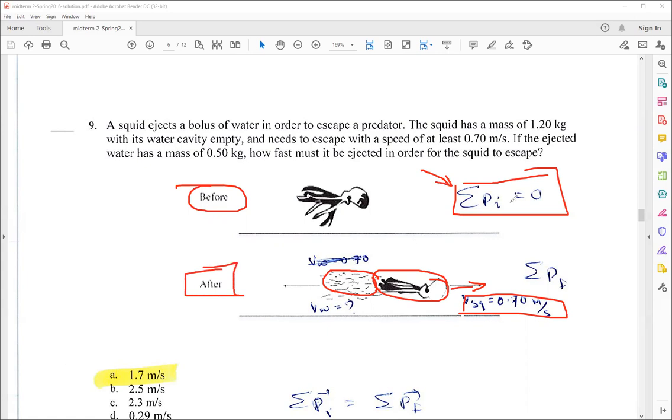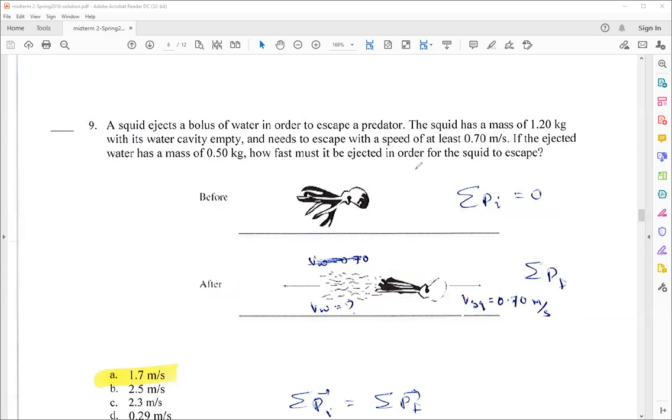So the total linear momentum before it happens is 0. This is the sum of total linear momentum before ejecting the water bolus. And then after, I want the squid to escape at 0.7 meters per second. Now, for the squid to escape, how fast must the water be ejected?